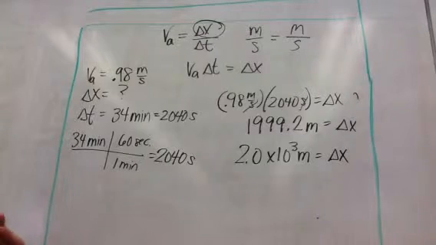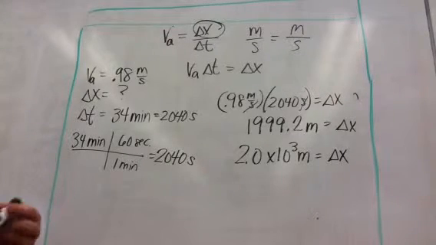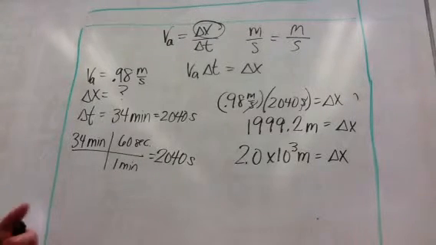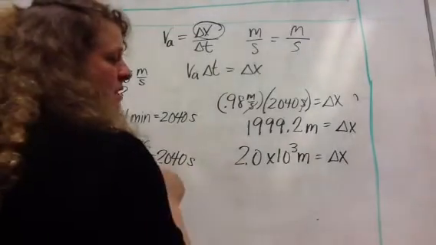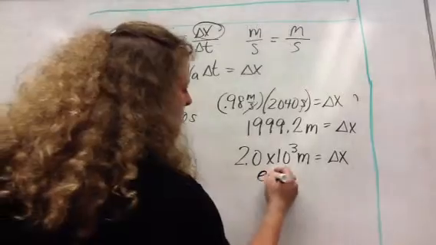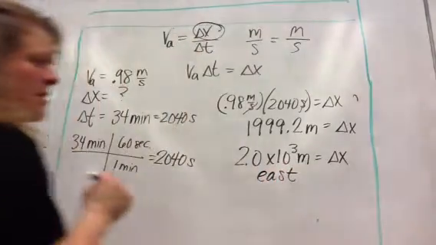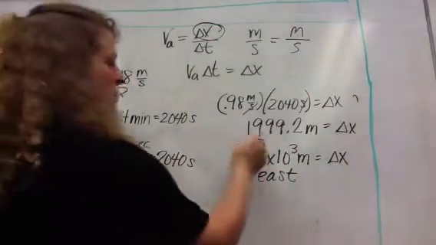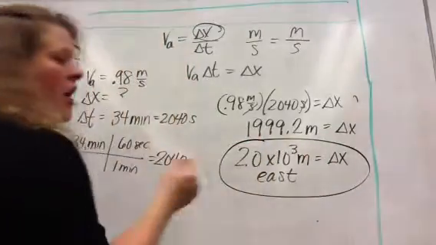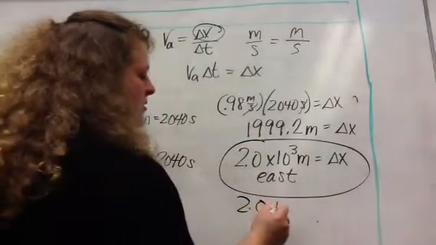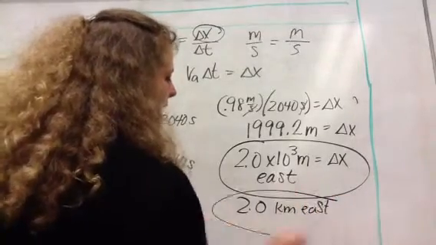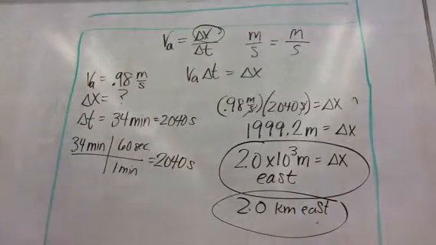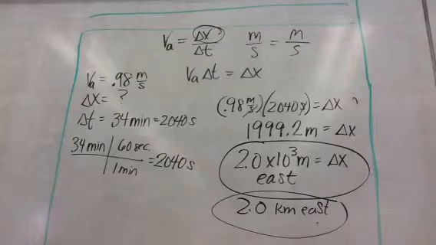And to make this answer complete, we need to include the direction they walked. So we're told that they walked eastward. This is 2.0 times 10 to the third meters to the east. So that would be our final answer. You could also say 2.0 km east. That would also be acceptable. Okay? Questions on that one?